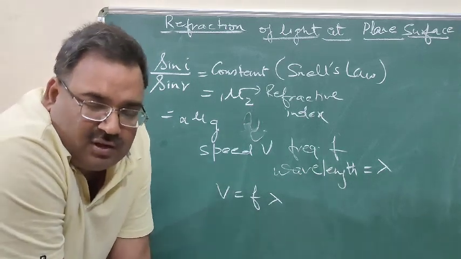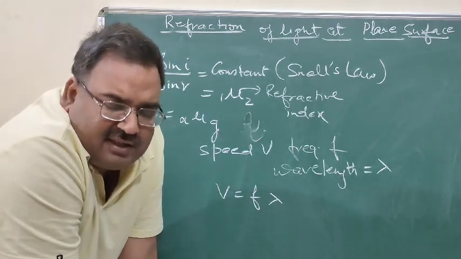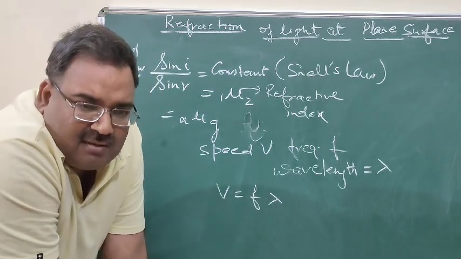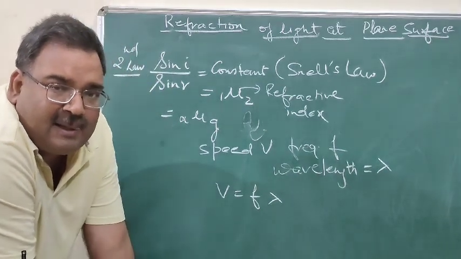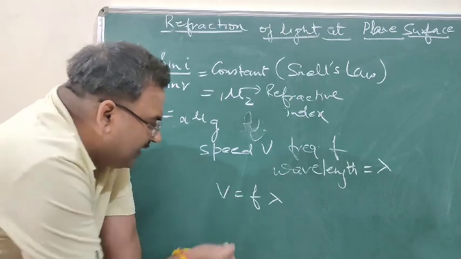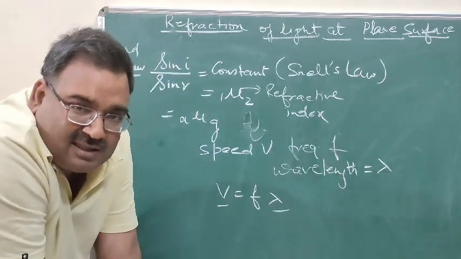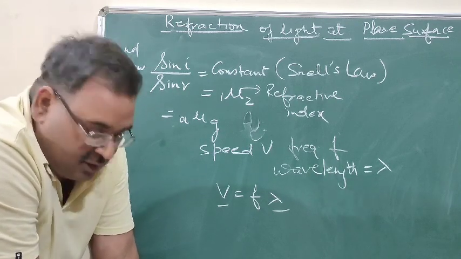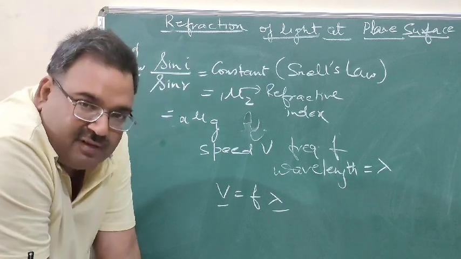Now we know that during refraction, the cause of refraction is different speed of light in different media. So when a ray of light travels in a rarer medium, its speed is maximum, and as it goes into a denser medium, its speed decreases. So if speed decreases, wavelength will decrease. If speed increases, wavelength will increase. Wavelength is directly proportional to speed of light.